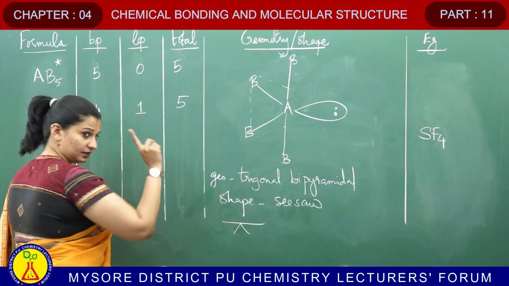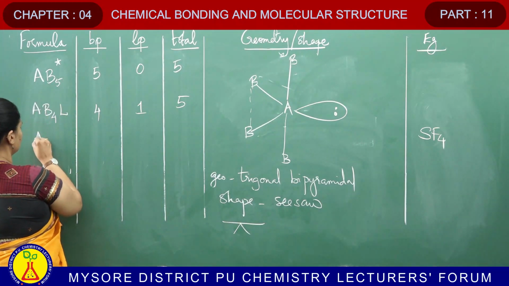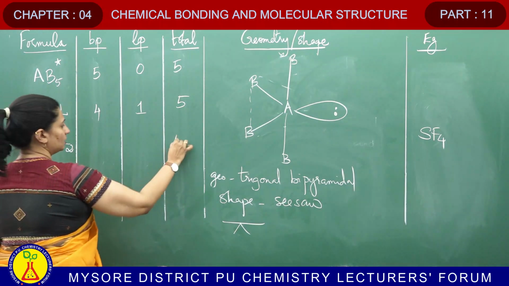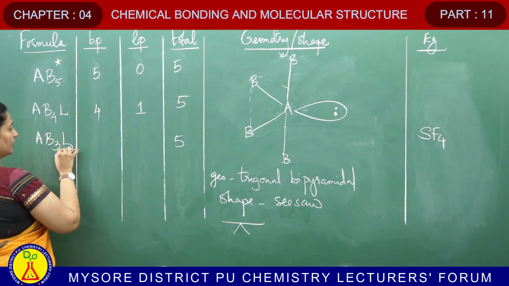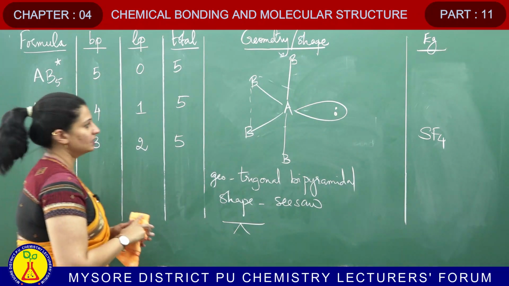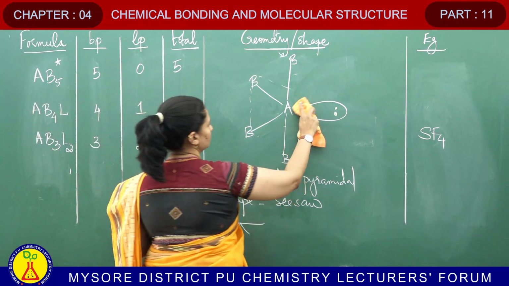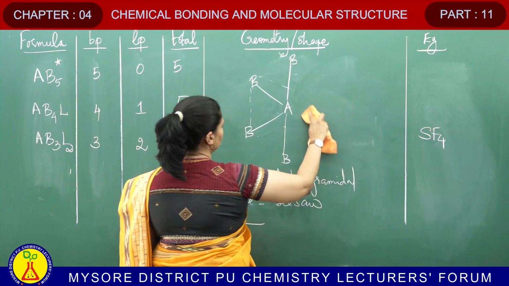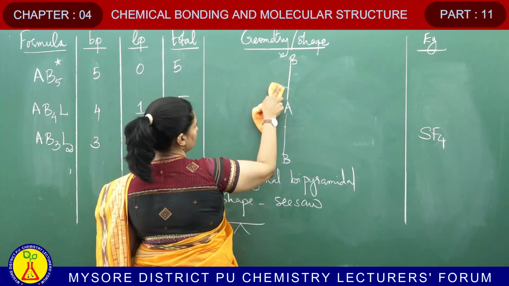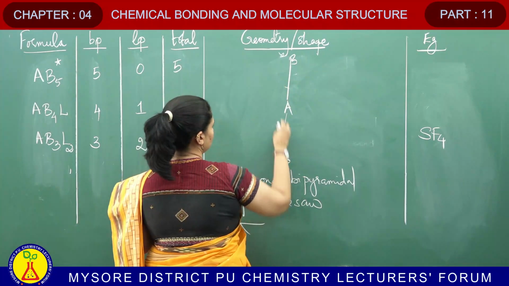Now moving on, under the same category, I am going to give you AB3L2. So total still 5. Now you have 3 bond pairs and 2 lone pairs. Let's see how to place them. When there are 2 lone pairs to be placed, I am going to place them in two of the equatorial positions.